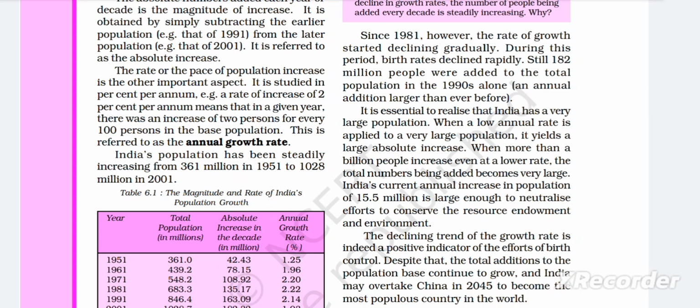It yields a large absolute increase. When more than a billion people increase, even at a lower rate, the total numbers being added becomes very large. India's current annual increase in population of 15.5 million is large enough to neutralize efforts to conserve the resource endowment and environment.